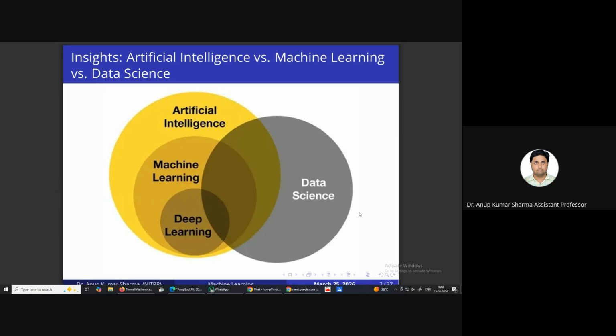Broad means AI, like before 10 years or so.